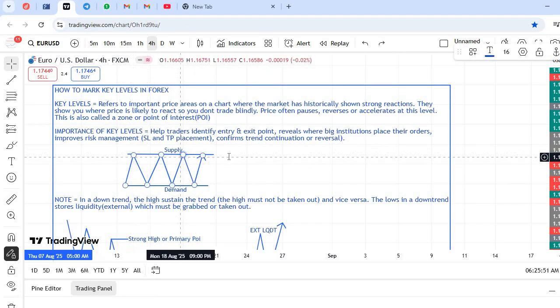You draw it. The reason why you are drawing it out is that you are anticipating that when price comes back later in the future to retest this level, price might respect this level. You understand?